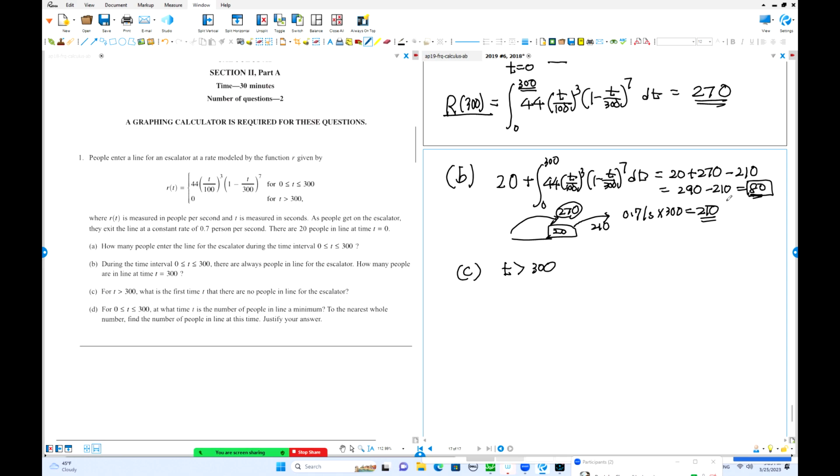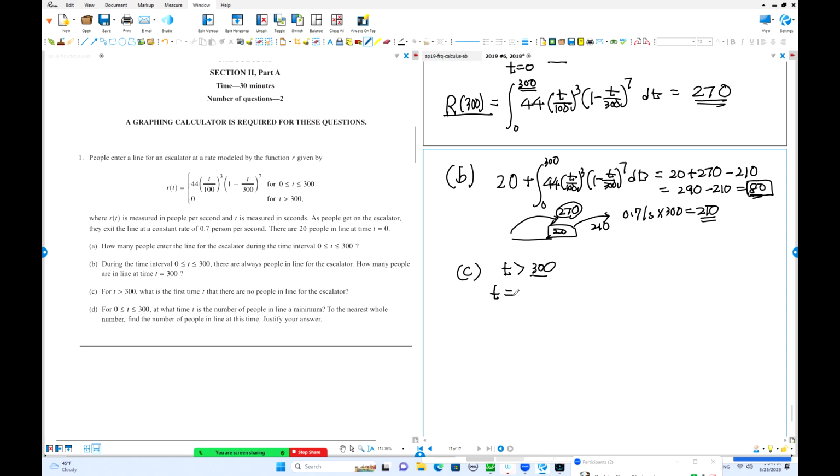Okay, just after t is 300, 0 people coming in there. So we still have 80 people.